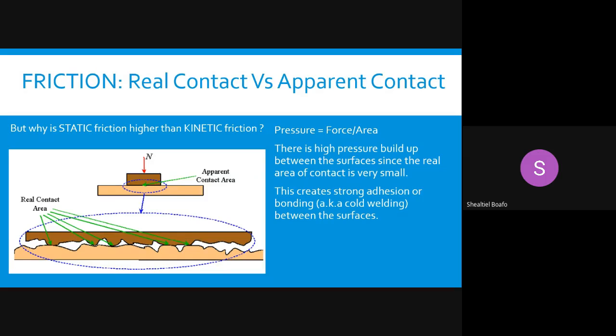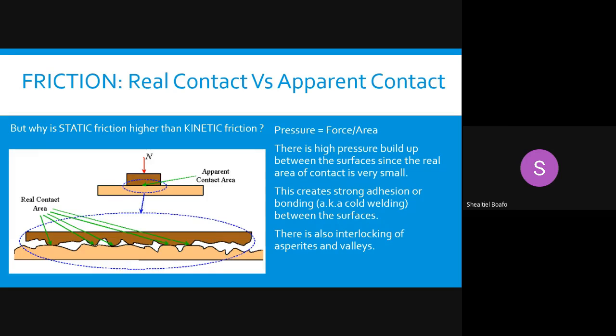And then we also said that if there's high pressure, then it's going to create a strong adhesion, a strong bonding, which we refer to as cold welding. There's a strong bonding between the surfaces.